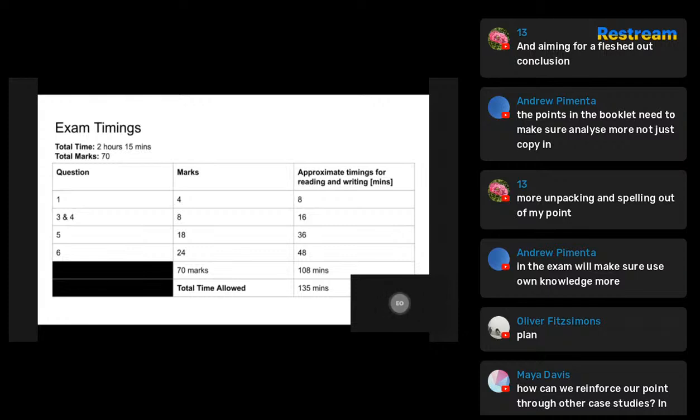Now, this includes the reading and the writing time. Obviously, you know how much time you need to read and write things, but under time pressure, our minds are not able to accurately judge what the time is.